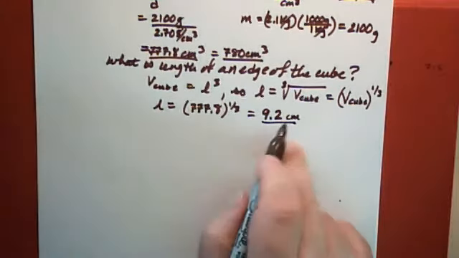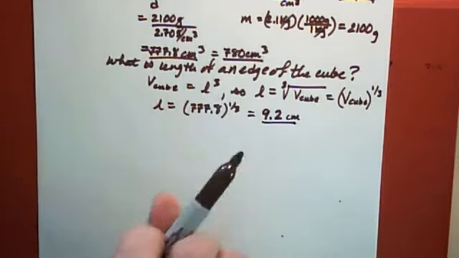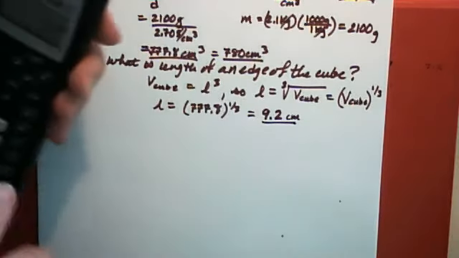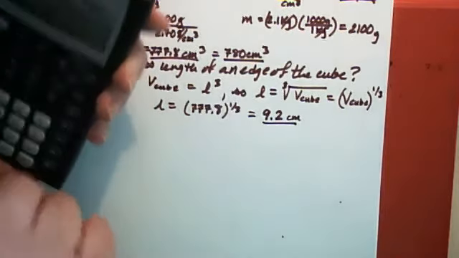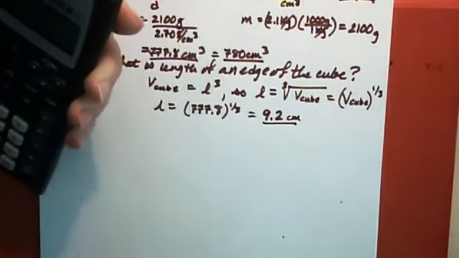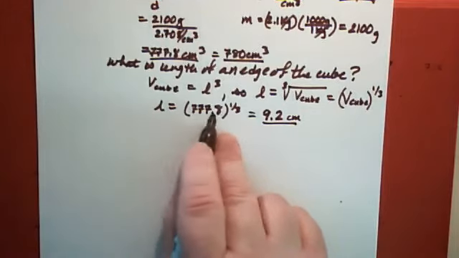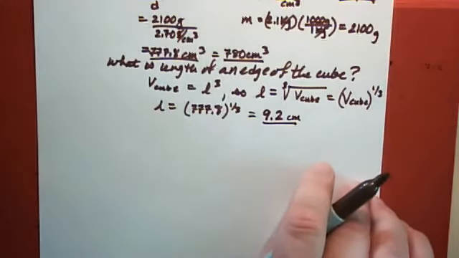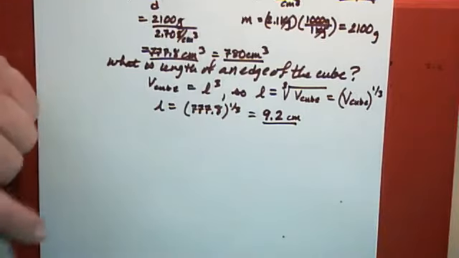So a cube with 9.2 centimeters on each side should have a volume of 780 cubic centimeters. You could try it. 9.2 raised to the 3rd power is equal to 778.688. So that's close enough to what we got here, within the number of significant figures anyway, that we can be confident we got it right.